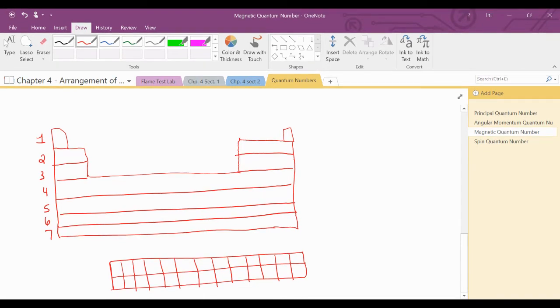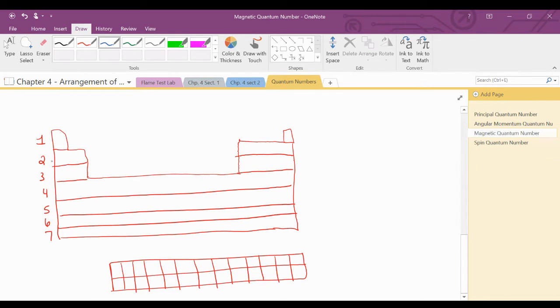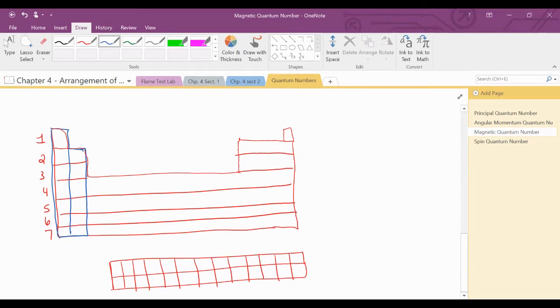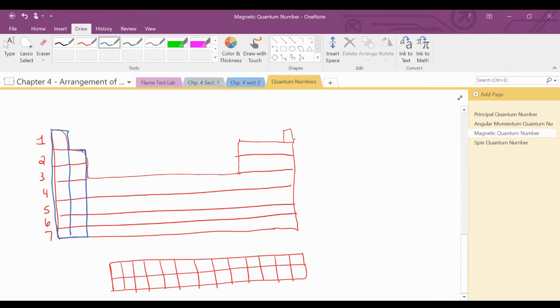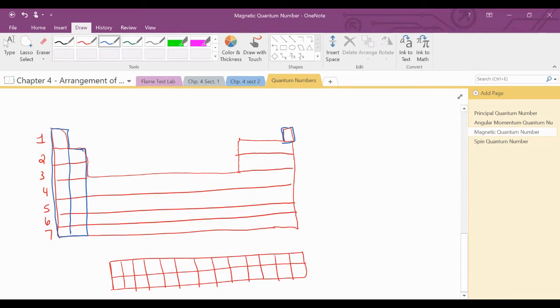Now we're going to use the groups. Those are the vertical columns on the periodic table, and the groups are going to represent our blocks. So these first two groups of the periodic table, along with our friend helium over here on the other side, these are referred to as S block elements.